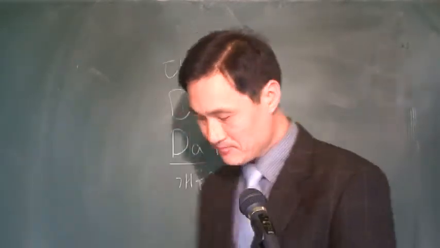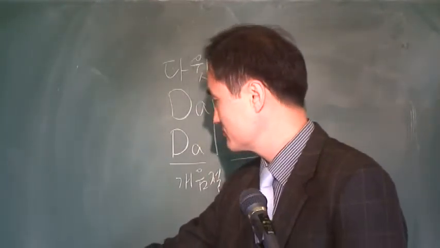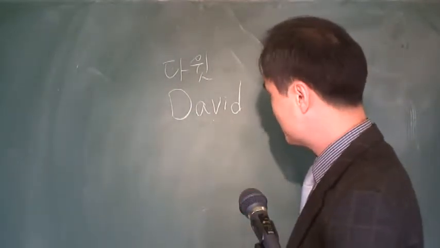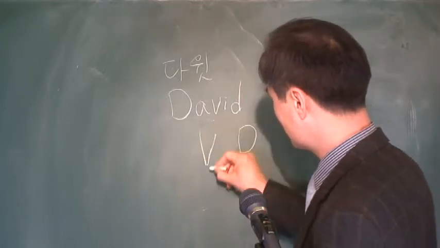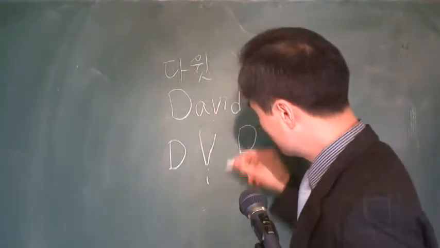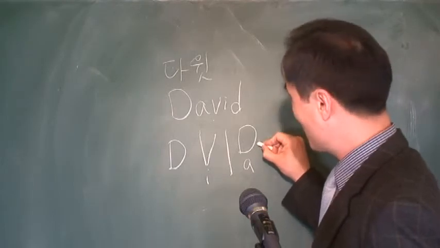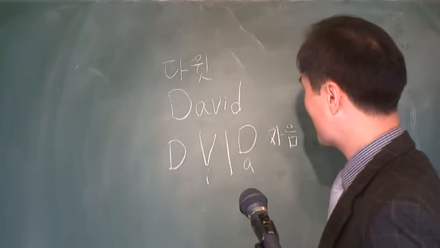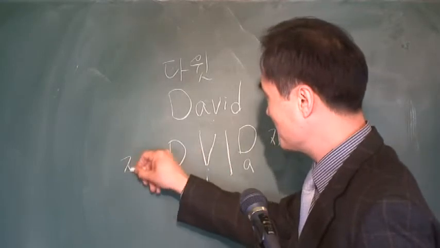The word David is written in Hebrew in the following way. The letter D of the English alphabet is a consonant.